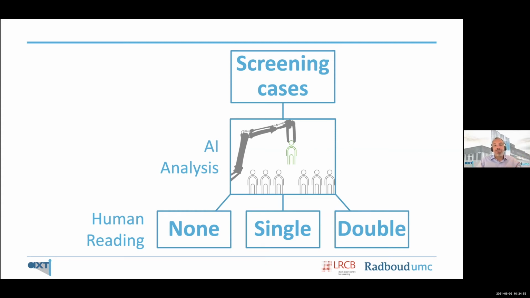We acquire 1 million mammograms a year. And now all of them are double read no matter what. So the hope is, well, if we first read these mammograms in some way by the AI, and the AI gives us some kind of score and decides who is going to read which cases. So is it going to be, do we need any human to read this case, or just one reader, or two?